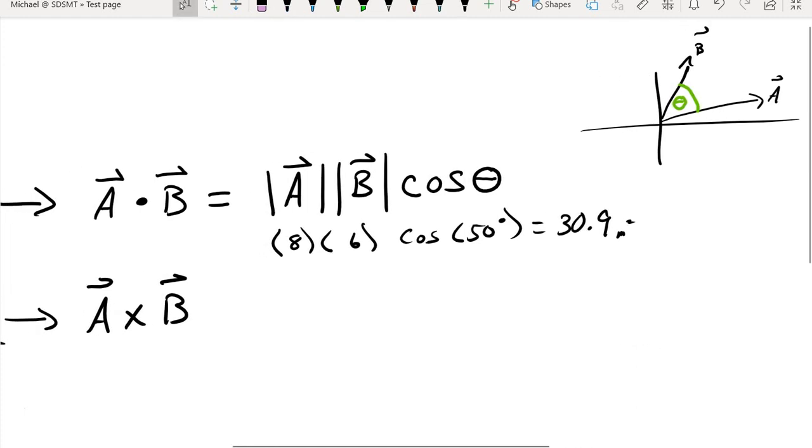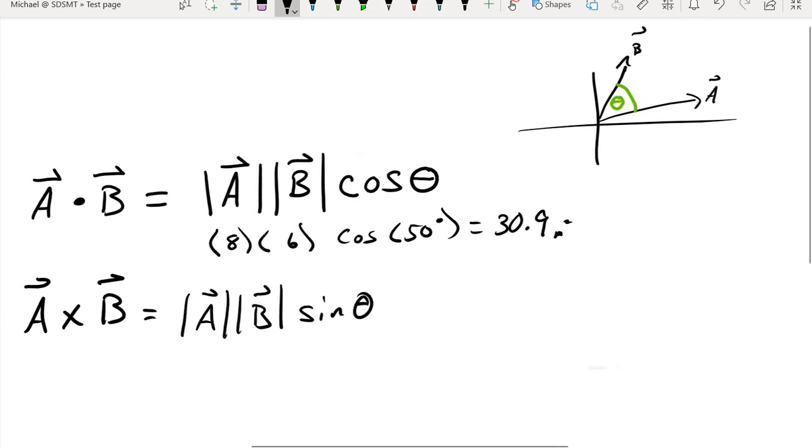Now we want to see how we are going to evaluate the cross product. And it's very, very similar. We're going to take the magnitude of each vector times the sine of the angle between them.